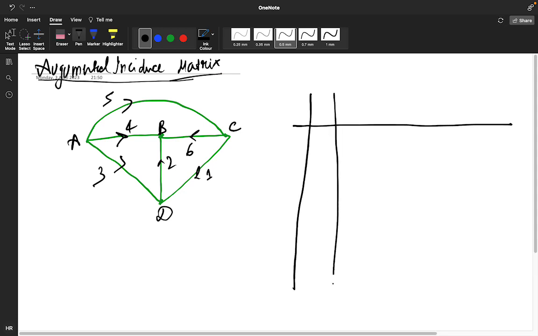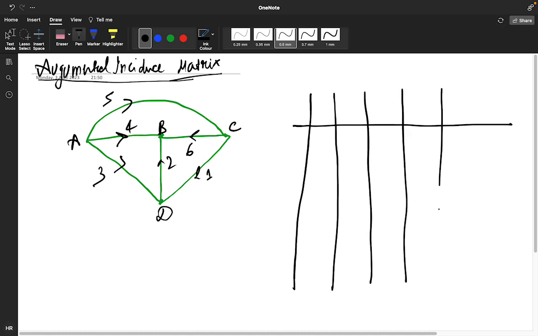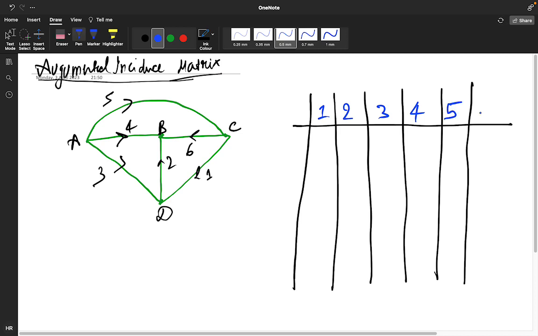Make the columns like this: 1, 2, 3. How many branches are there? 1 branch, 2, 3, 4, 5 branch, and this is your 6th branch, right?